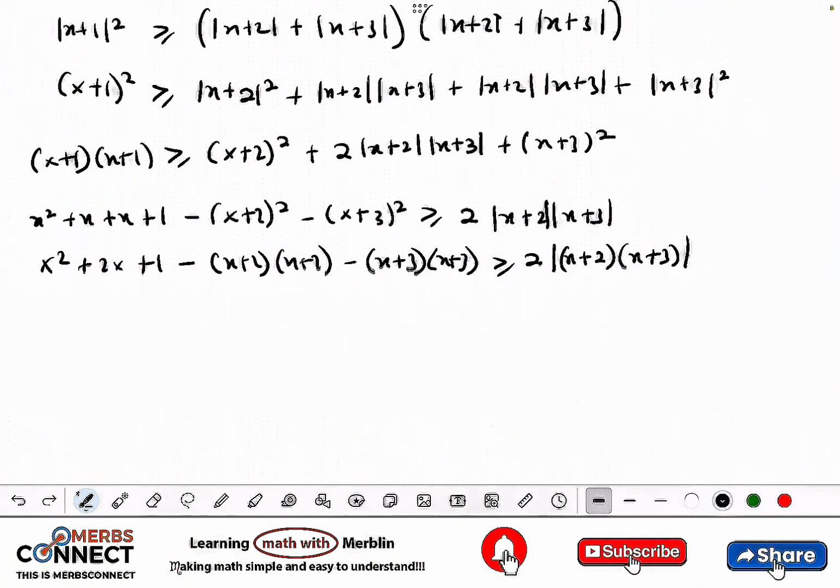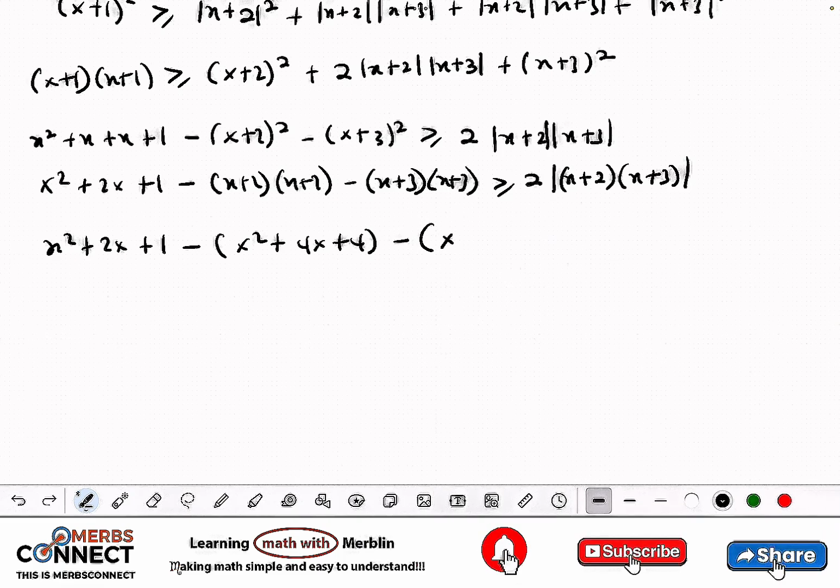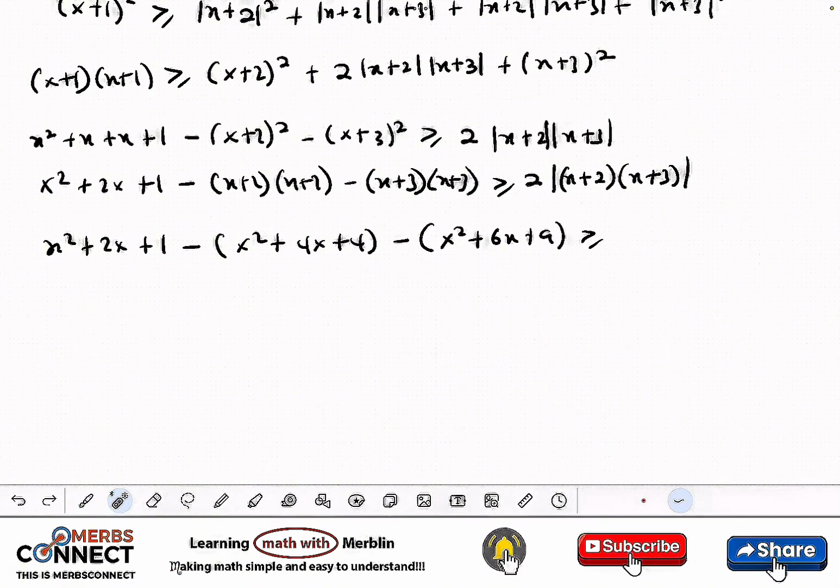Let's try and expand this. This is going to be x² + 2x + 1 minus, when I simplify this, I'm going to have x² + 4x + 4 minus, when I expand this, I'm going to have x² + 6x + 9 greater than or equal to. What I'm going to do here is I can send this one inside the absolute.